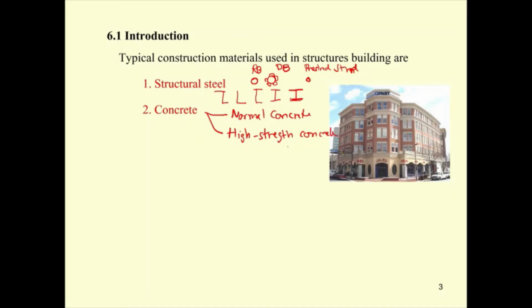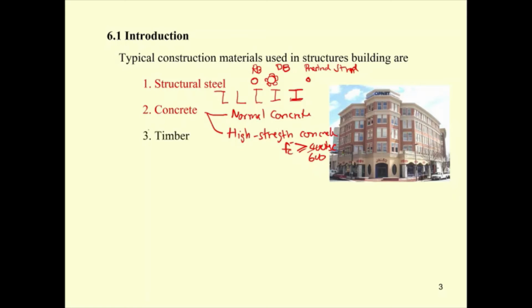Usually it has an ultimate stress f'c larger than 400 ksc, and nowadays it has changed to 600 ksc. It depends on the standard of each country. And in Thailand, you can order ready-mix concrete with strength up to 800 kilograms per square centimeter from SCG or TPI or other companies.